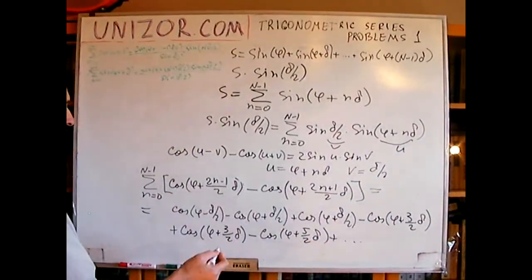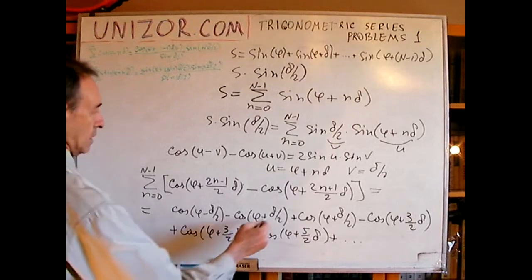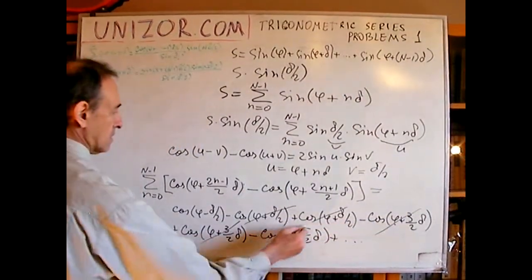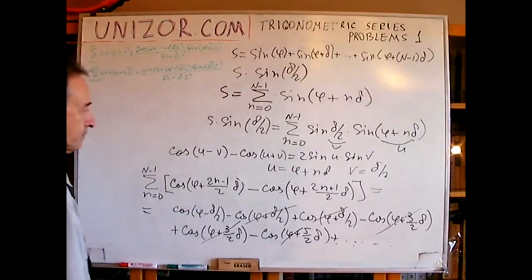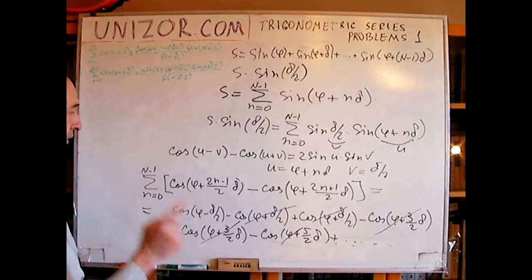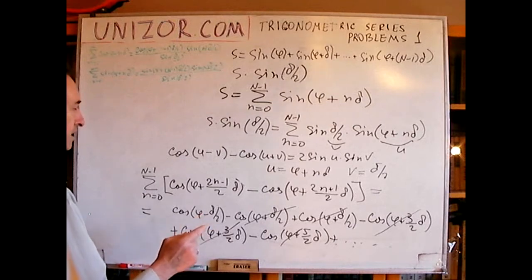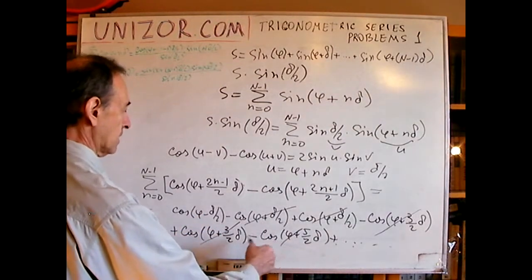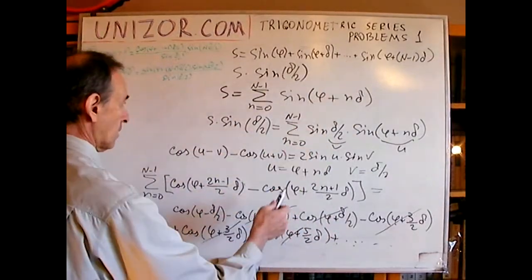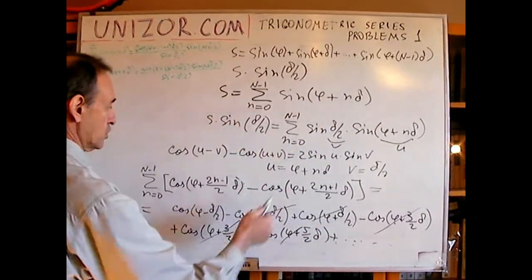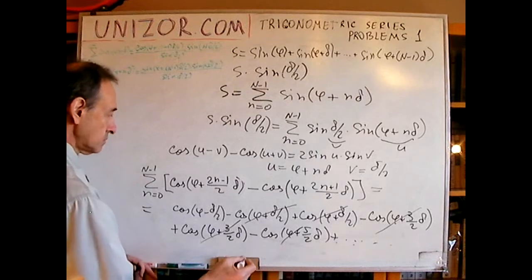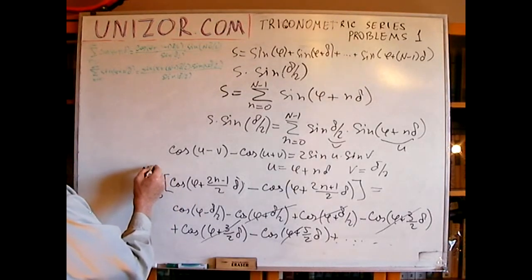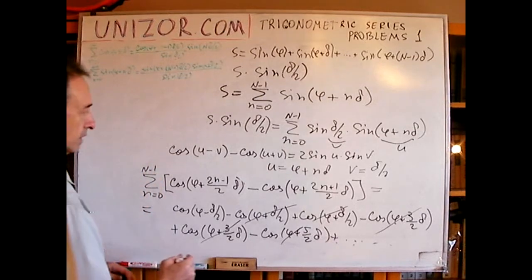Now, the same thing exactly happens. This is reduced with this, this with this, this with this, etc. And the only thing which would be remaining is the one with the negative sign of the last pair, for lowercase n equal to n minus 1.